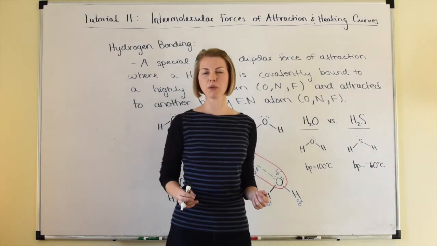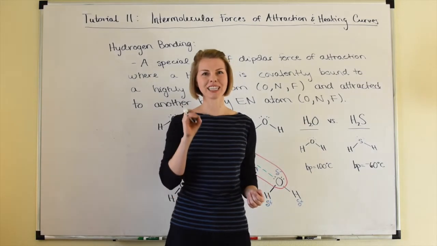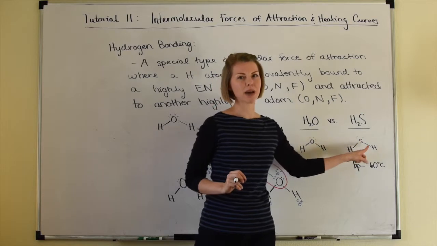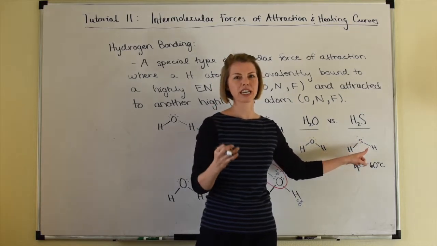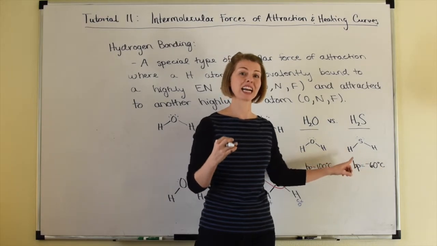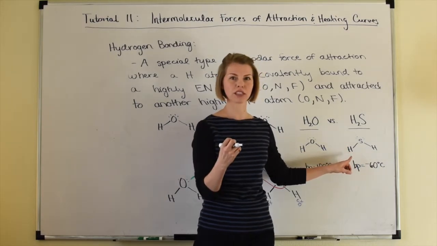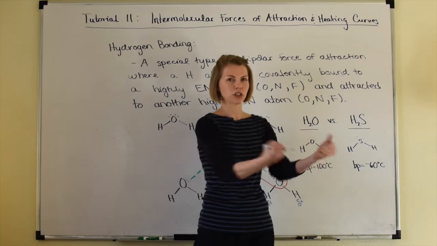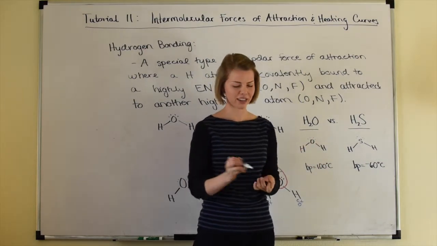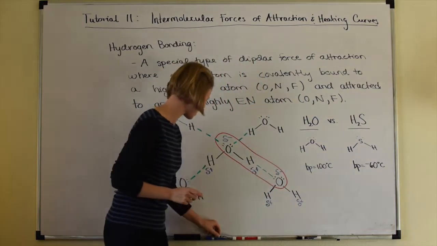It should be able to hydrogen bond, right? Not true. It has to have a hydrogen that is covalently bound to a highly electronegative atom, either oxygen, nitrogen, or fluorine. That leaves the hydrogen super partial positively charged and ready to attract some partial negative charge. All right, hopefully that makes sense.